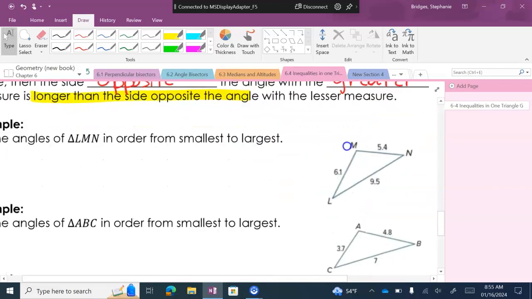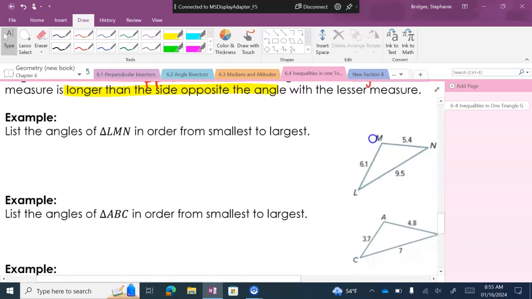All right, let's take a look at our first picture. It says, list the angles of triangle LMN in order from smallest to largest. What I want you to do is look at your triangle. Look at your side lengths. Pick out the smallest side. Which side has the smallest length?